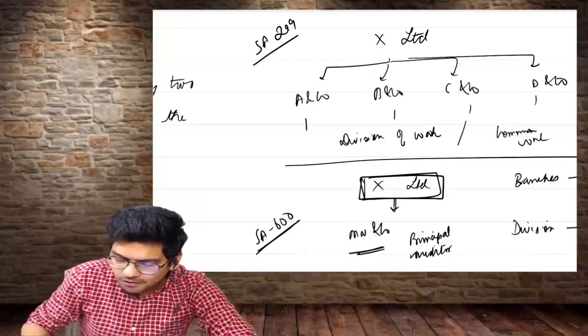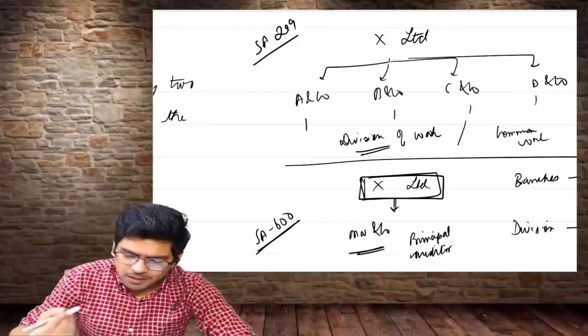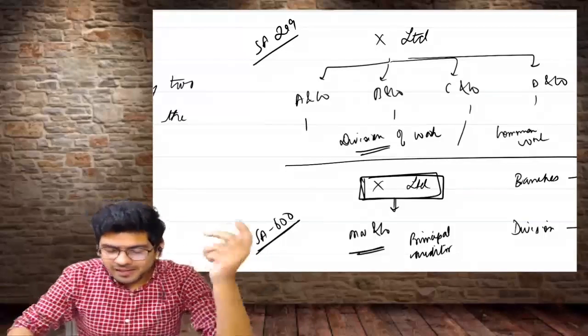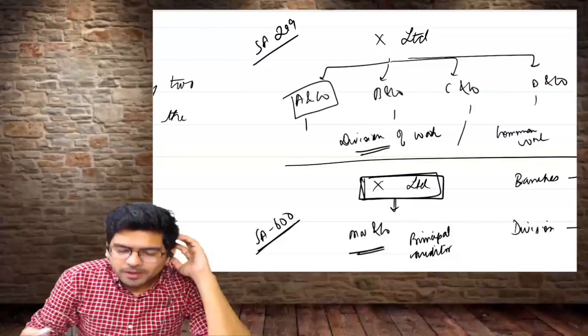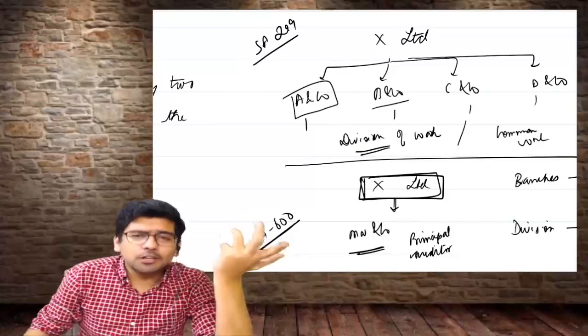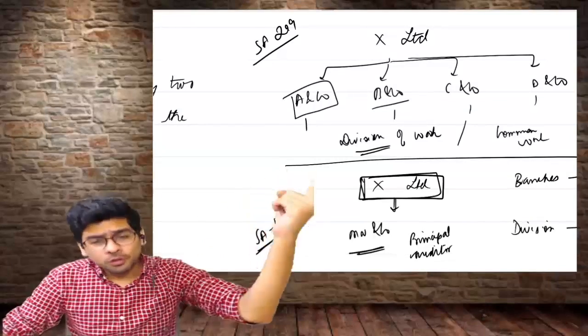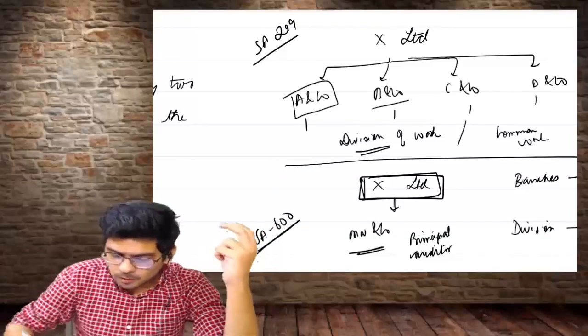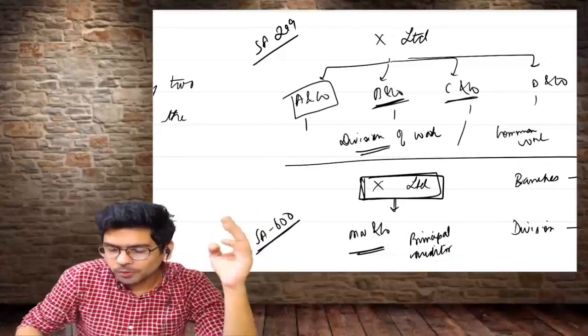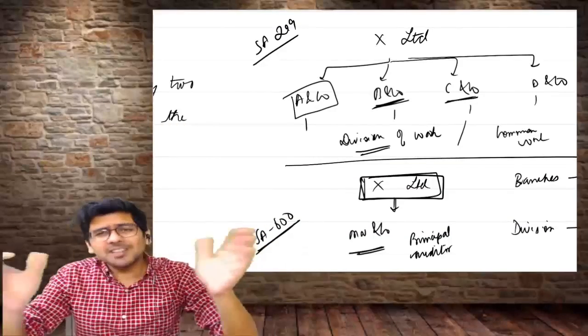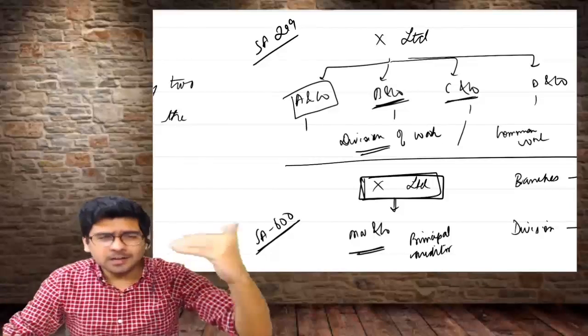But in case of division of work, what happens when the work has been properly assigned? Let's say the south area will be covered by A, B will cover the north area, whatever it is. Or let's say A and company is going to look into only the assets of the financial statement, B will look at the liabilities, C is going to be concerned with expenses. The division can be on any criteria. I'll discuss that.